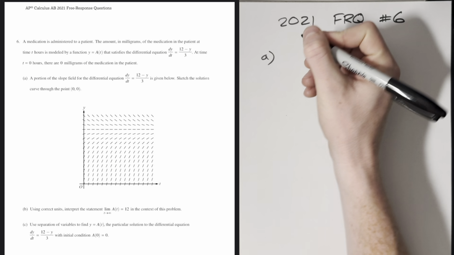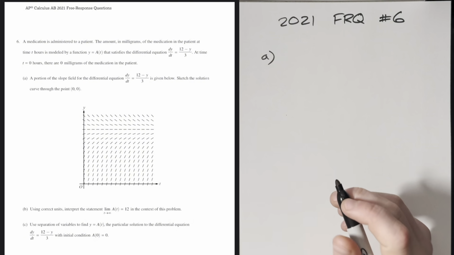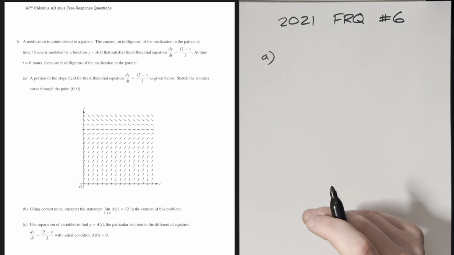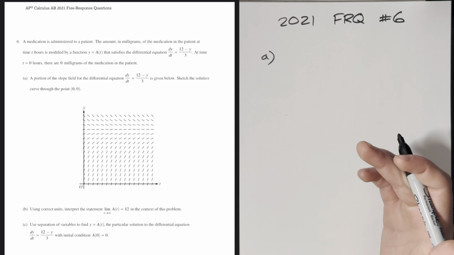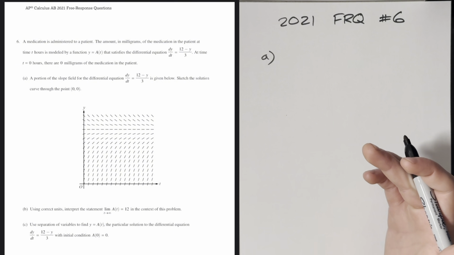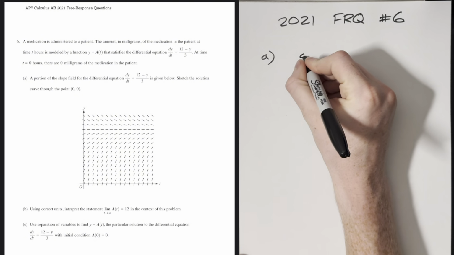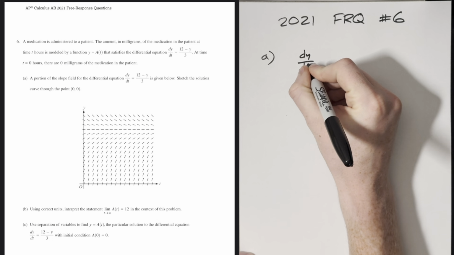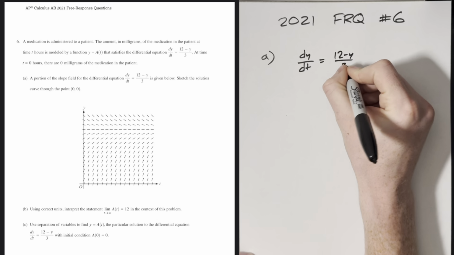Now, we've talked about solution curves before in some of these videos, and basically, whenever they give you a slope field, what we need to understand is that the little dashes represent the derivative at that point. So if I were to plug in, 2 comma 3, right? Well, that would be plugging into my differential, which is dy/dt equals (12 minus y) over 3.